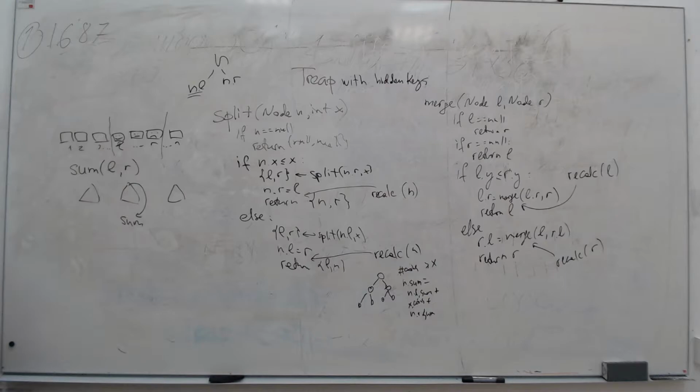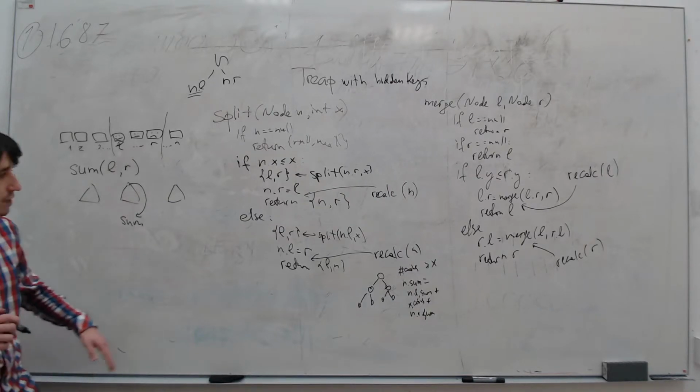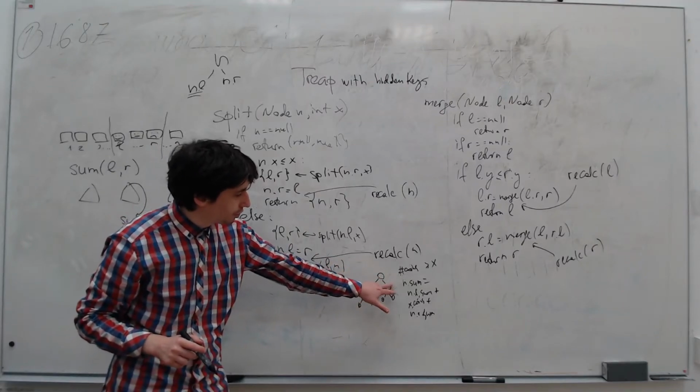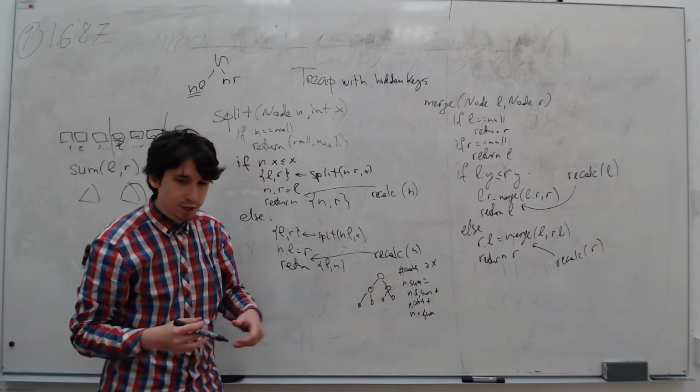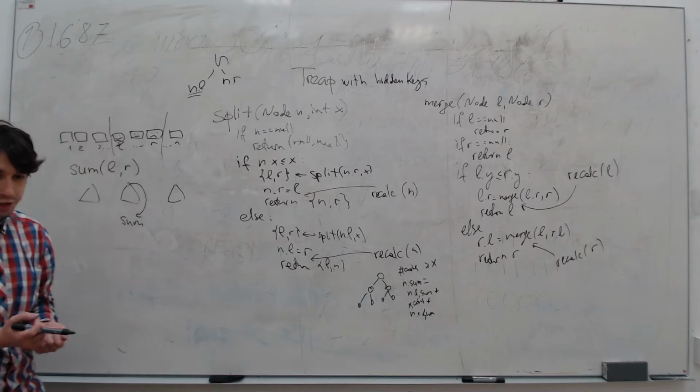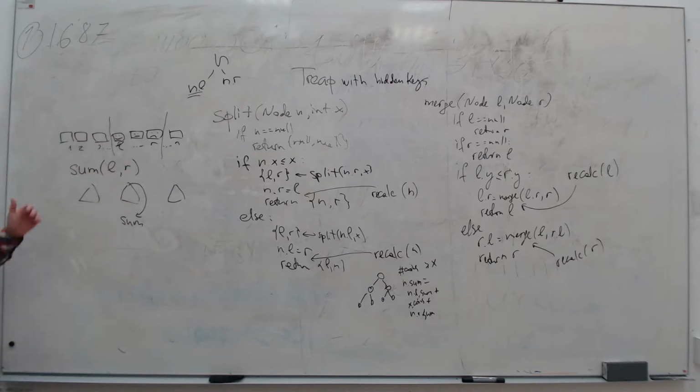So you just replace recalculate with this function where n.sum is recalculated from both of its children. Then when you want the sum from L to R, you split by L and R and take the middle sum.